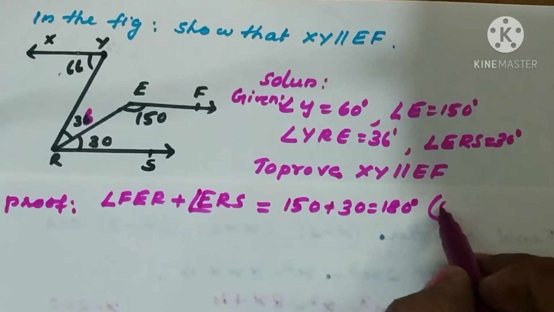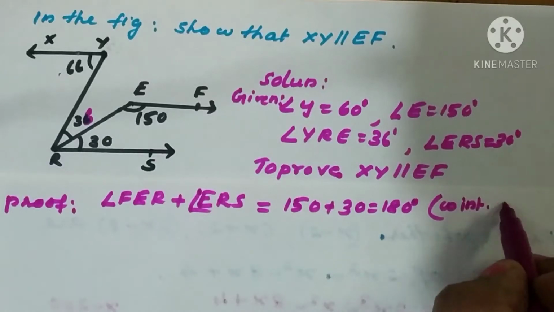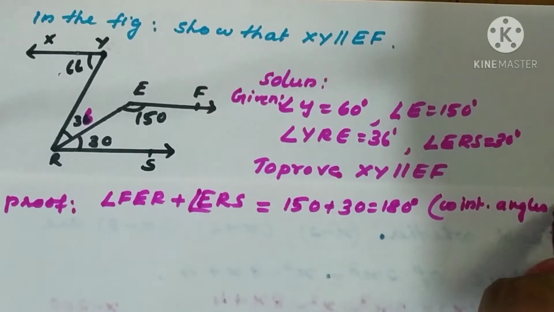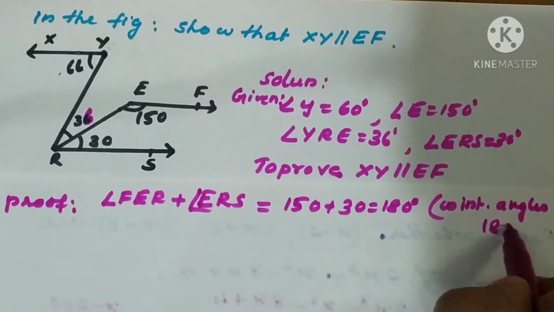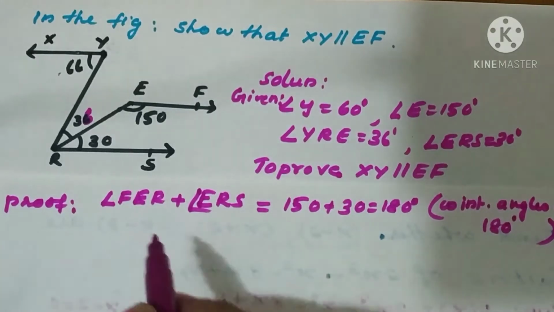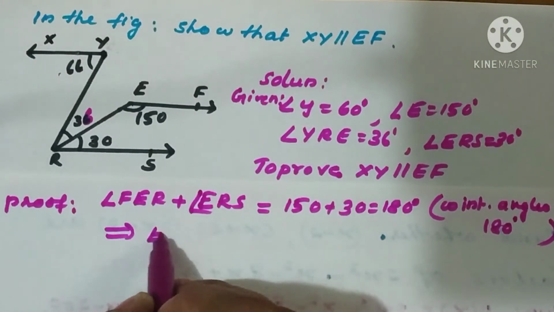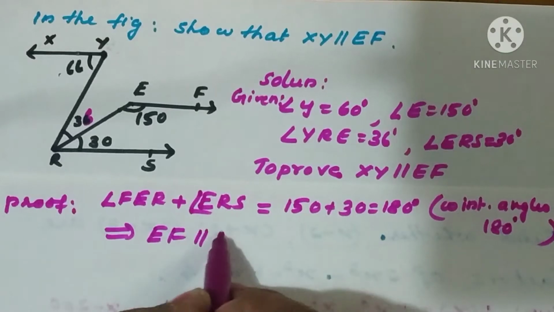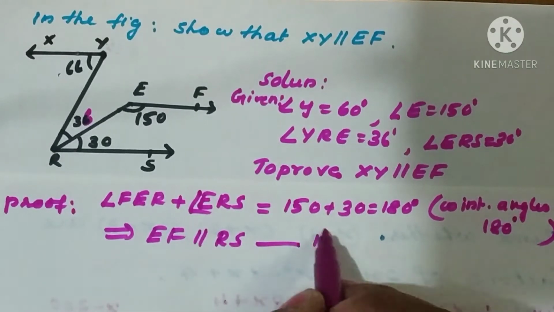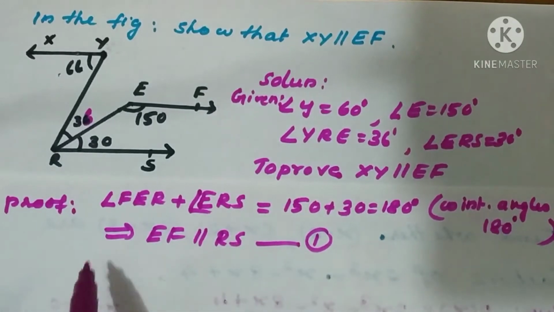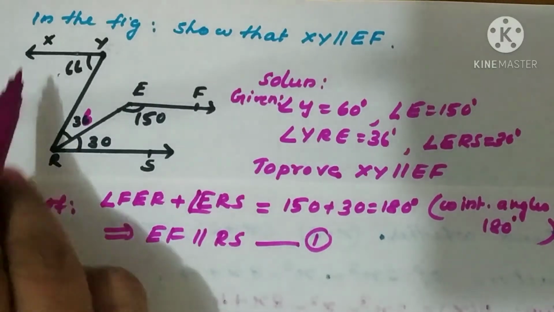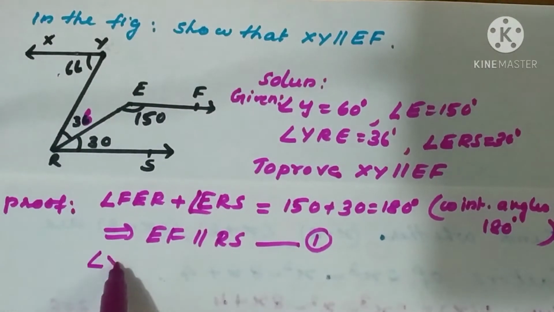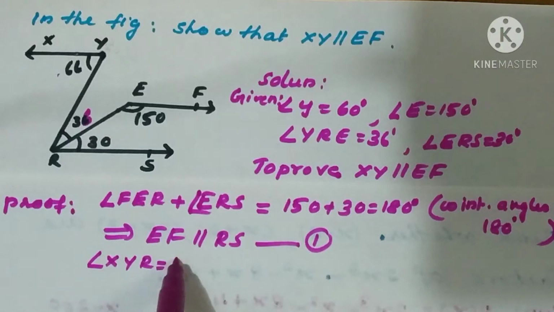That means co-interior angles are 180 degrees, or we can write that they are supplementary. This implies EF is parallel to RS. Equation number 1. Now what is the next step? Angle XYR equals 66 degrees.